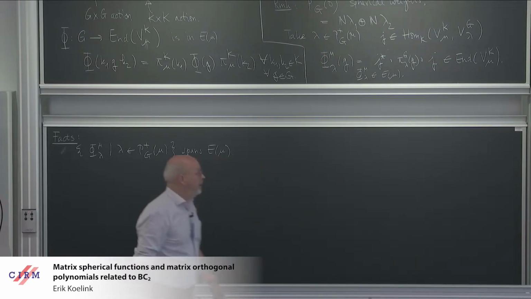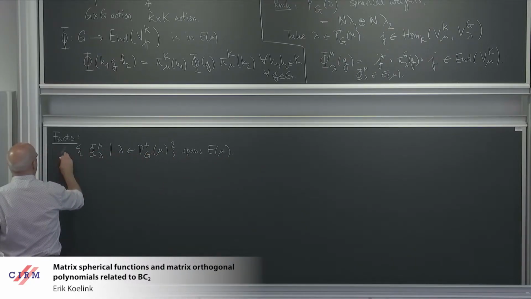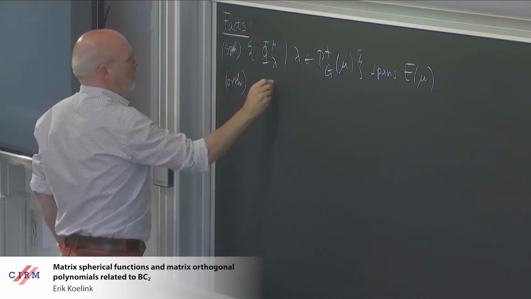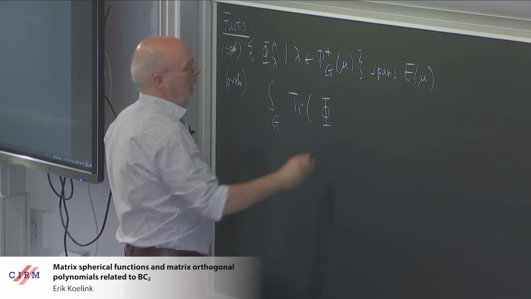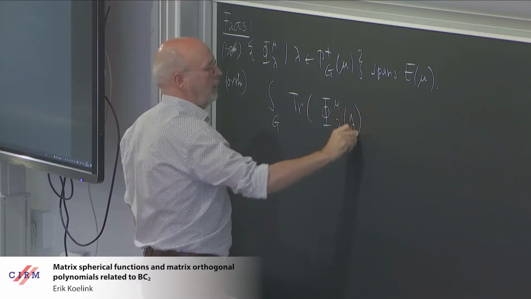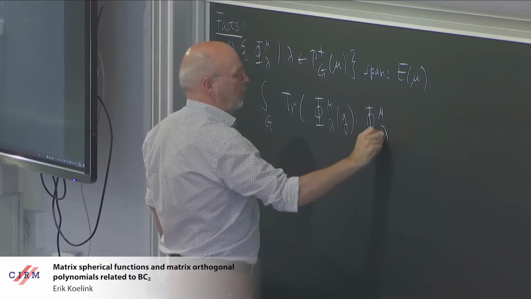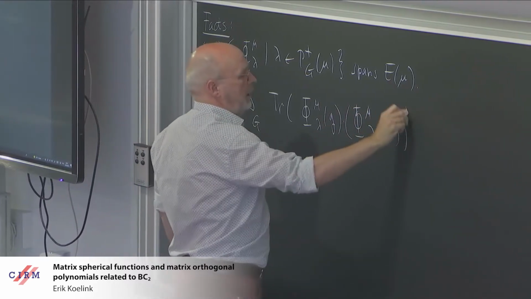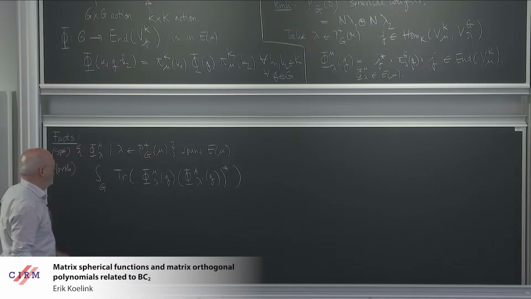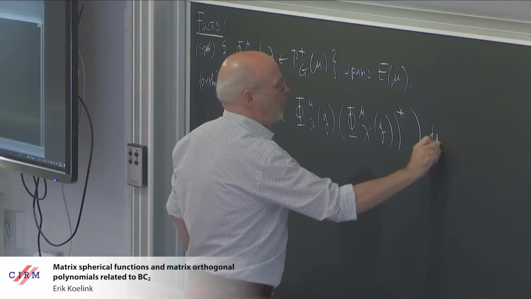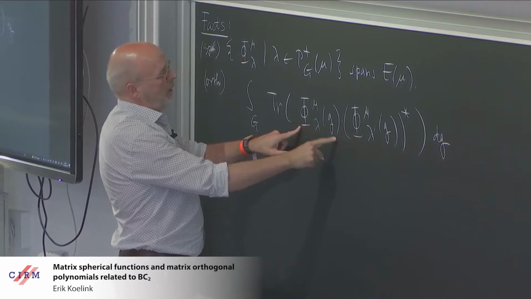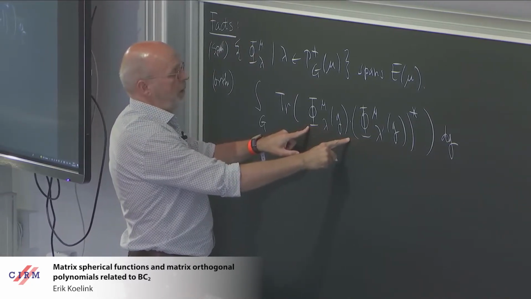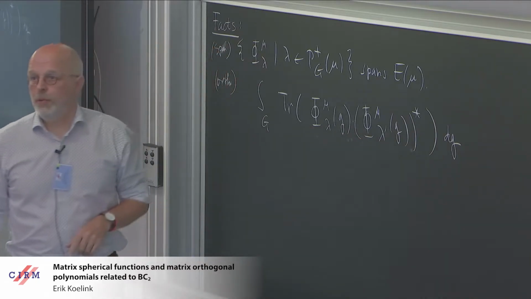What's also nice is they satisfy orthogonality. Here there's always a choice to be made. Let me make the choice by taking the adjoint on the right-hand side, but it's not essential. So if I take phi mu of lambda of g, this is a linear map from Vk mu into itself. This one is also a linear map of Vk mu into itself.